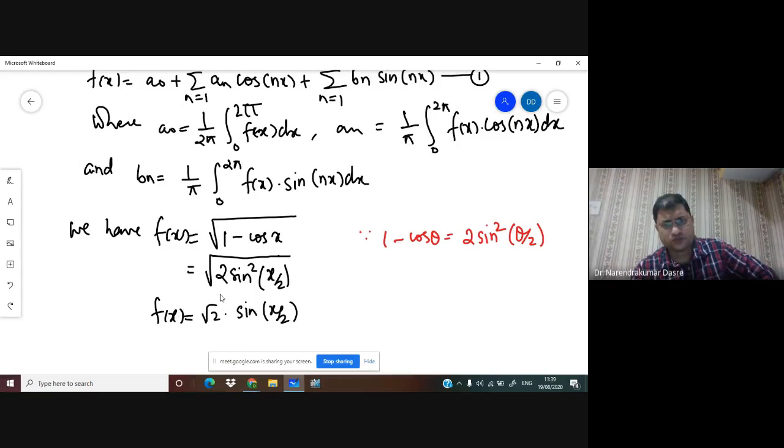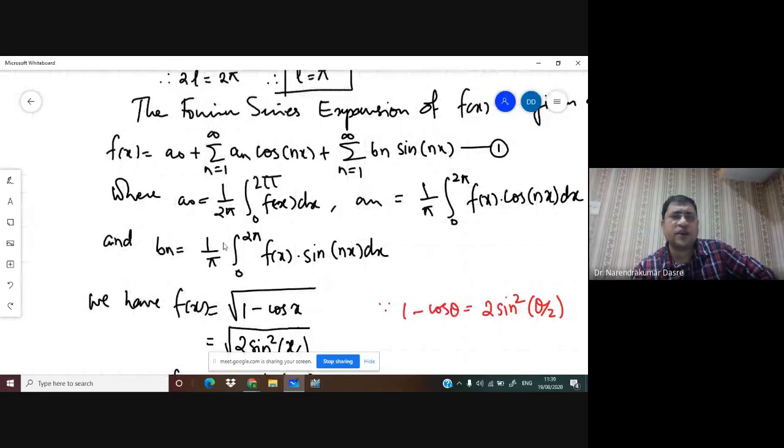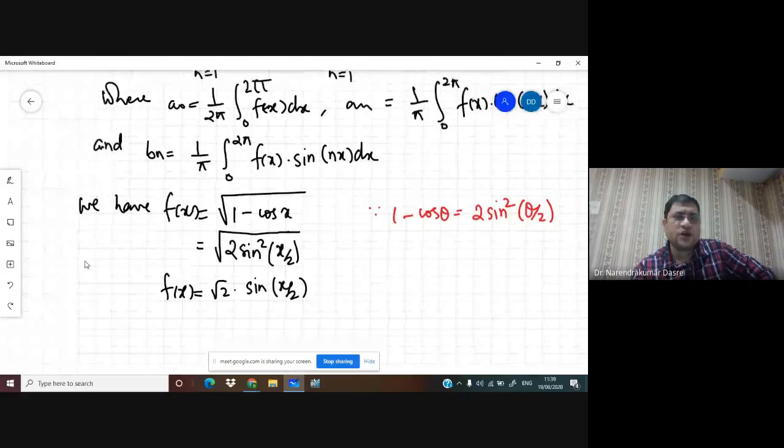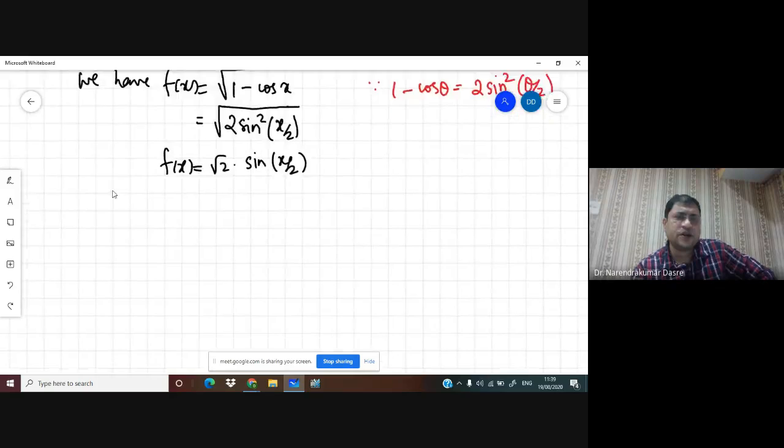Now we got this function, and then we have to find out a0, an, and bn. So now let us find out these coefficients as we know the function properly.